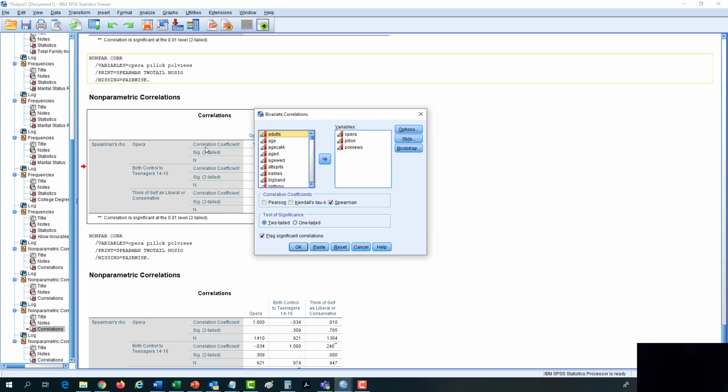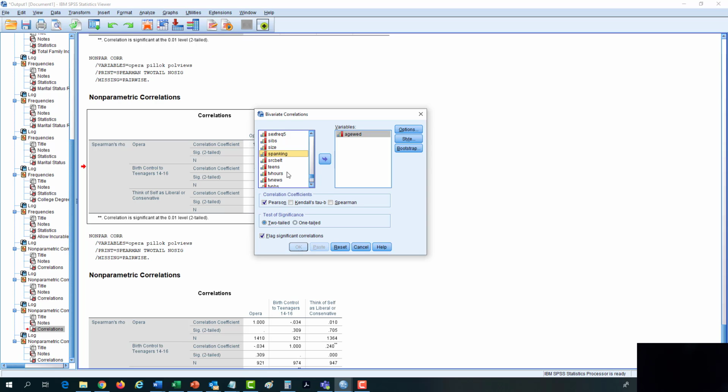Okay, let's try another correlation. That makes sense. We'll do a real easy one. Let's take age wed, which is how old were you the first time you got married, and spanking, right?